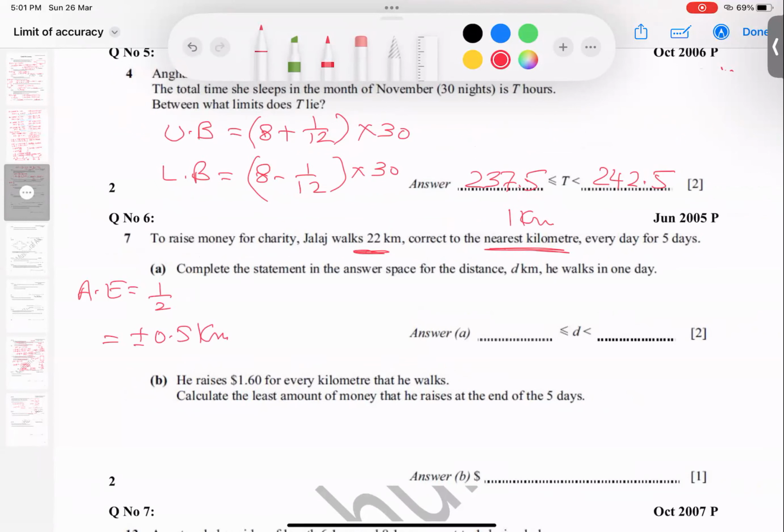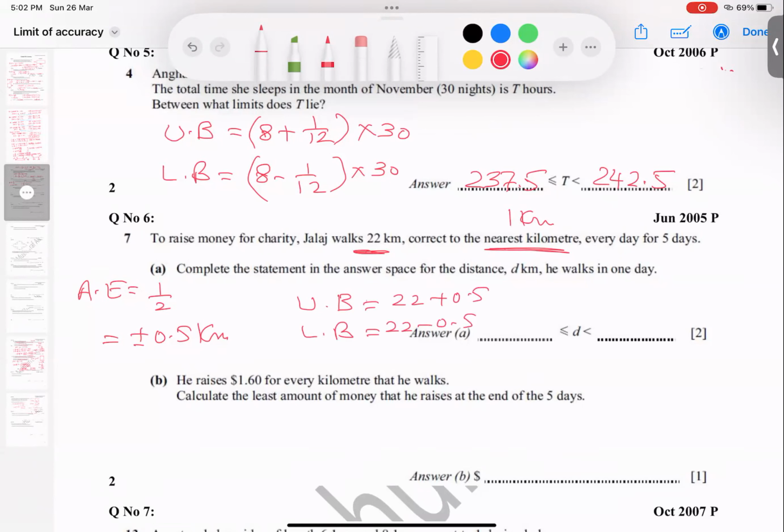So every day for 5 days, it means we can multiply by 5. But the complete statement asks for the distance he walks in a day. So first of all, what is the upper bound of distance and what is the lower bound? Upper bound is 22 plus 0.5 and lower bound is 22 minus 0.5.